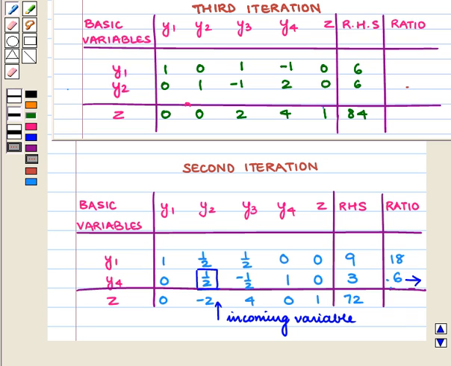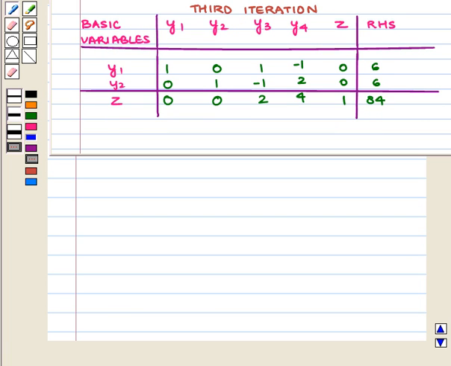Again making the pivot element 1 and other entries 0 in the pivot column by using elementary row operations, we obtain the third iteration. In the third iteration, we do not have any negative value in the last row corresponding to z.